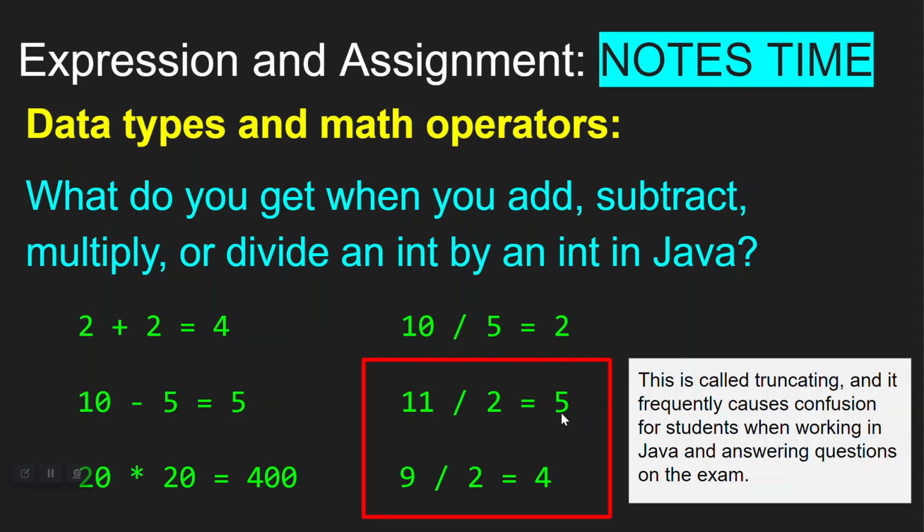So even though this is 5.5, Java just cuts everything off beyond the decimal point, and it just says the answer is 5. And even though this should be 4.5, again, Java just cuts the rest of it off and says the answer is 4. And that's because an integer divided by another integer is always going to give you an integer for the answer. So very important to take note of that.